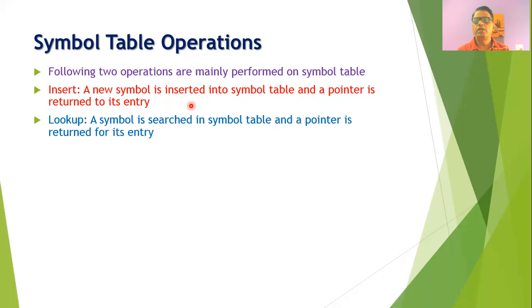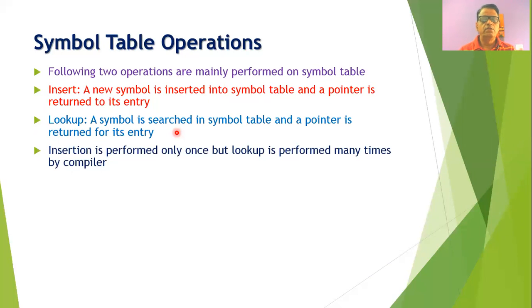Another operation that is being frequently performed by the compiler is lookup. So a symbol is being searched in the symbol table and a pointer is returned for its entry. Insertion is normally performed only once, but as far as the searching of the name is concerned, the compiler may need to do this operation very frequently on the symbol table.